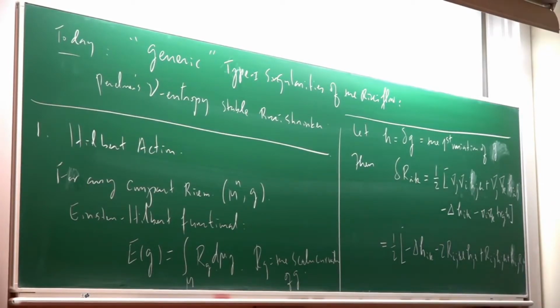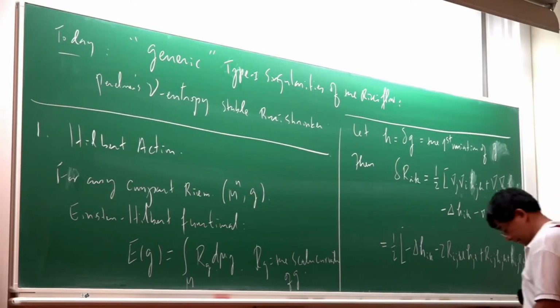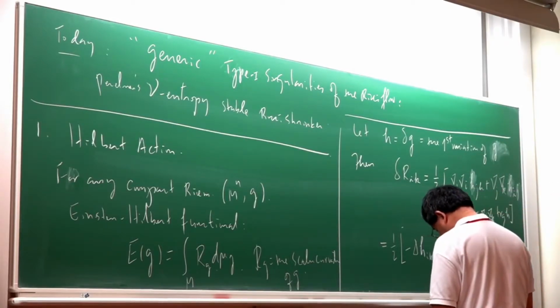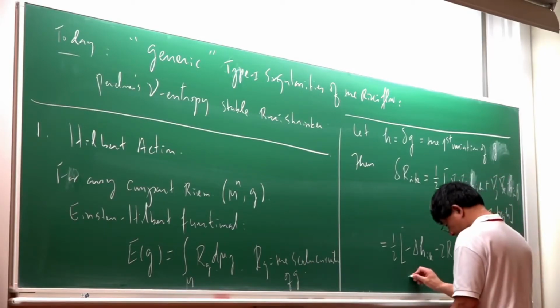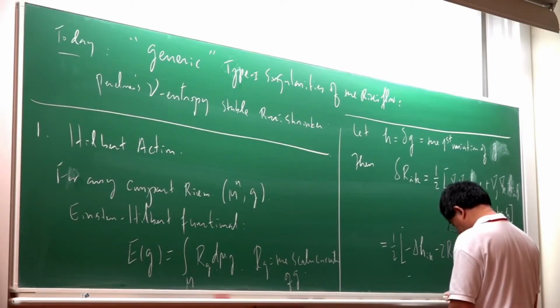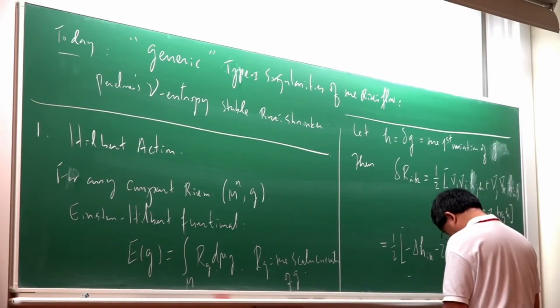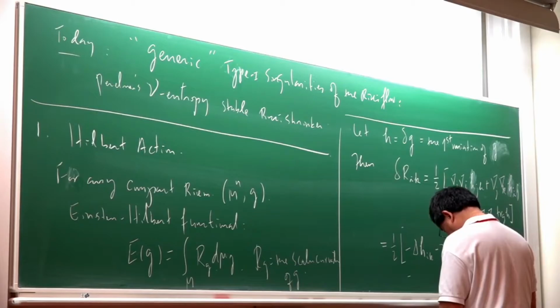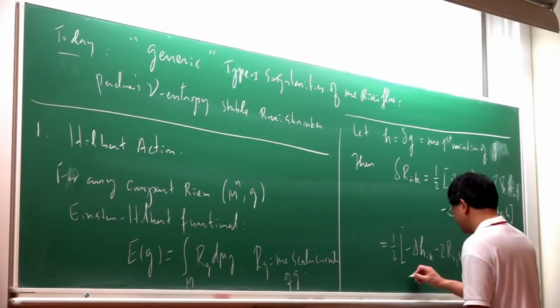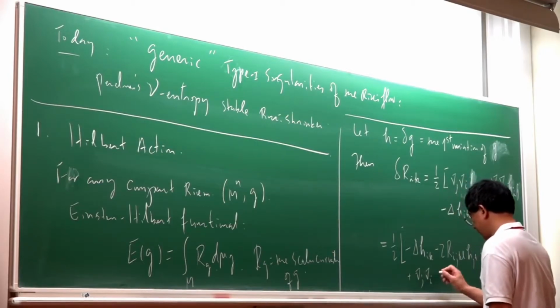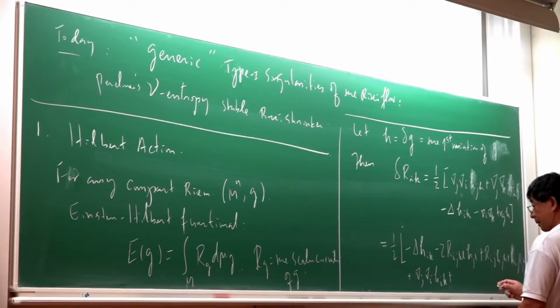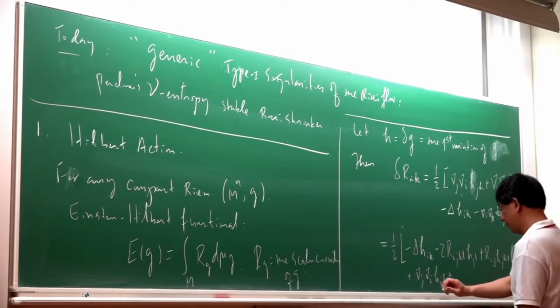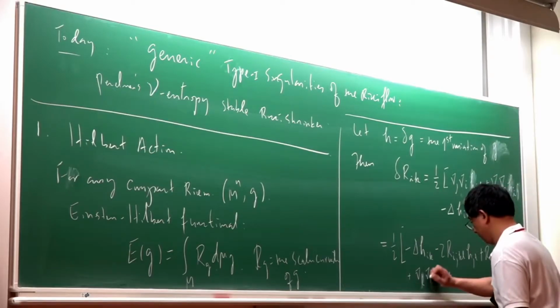This is essentially part of the Ricci-Lichnerowicz operator, and then you have the divergence part, D J D I H IK plus that.